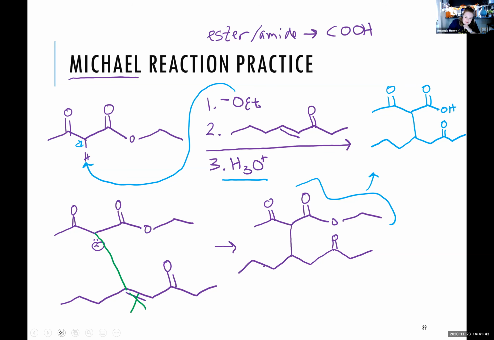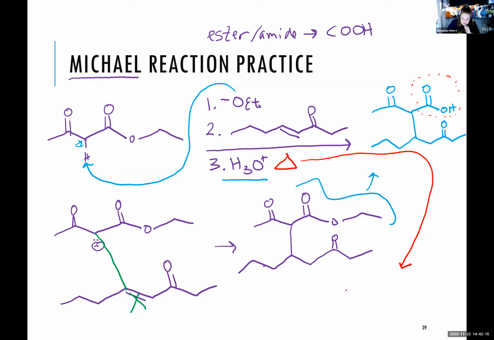There's one more thing we got to bring up right here though. What if in that third step, we also had heat? So acid, water, and heat. In our malonic ester and acetoacetic ester syntheses, we saw that heat can cause a decarboxylation. So if that's included as a reagent, we're going to lose this carboxylic acid group.